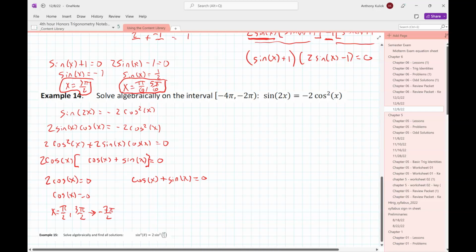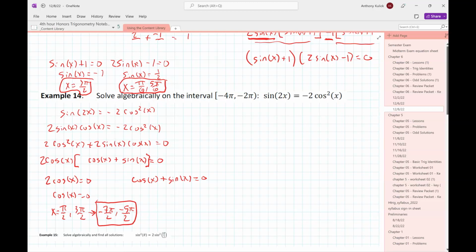Okay, so that's in between. This is 1.5 pi. That's not in between the interval I'm looking for. So I'll subtract 2 pi from it. -0.5, still not there. Subtract 2 pi again, I'd get -2.5. That is inside the interval. So I have these 2 solutions.